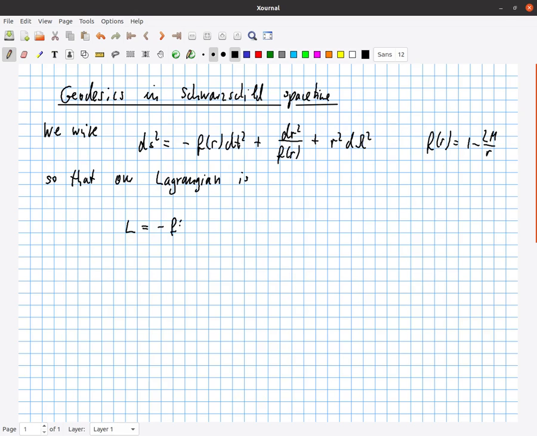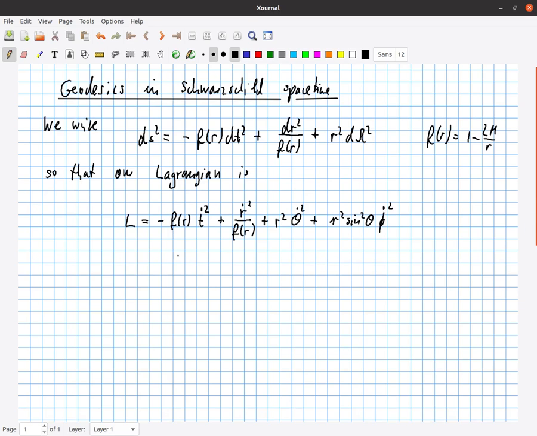This is minus f of r t dot squared. Remember, my dot almost always means differentiation with respect to an affine parameter. Plus r dot squared over f of r, plus, I now make explicit what the omega squared is, r squared theta dot squared plus r squared sine squared theta phi dot squared.